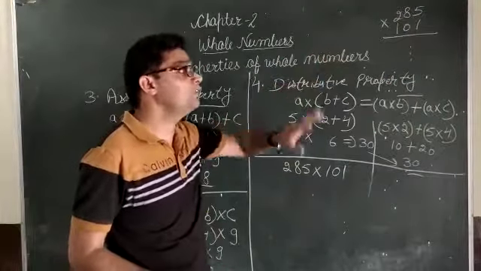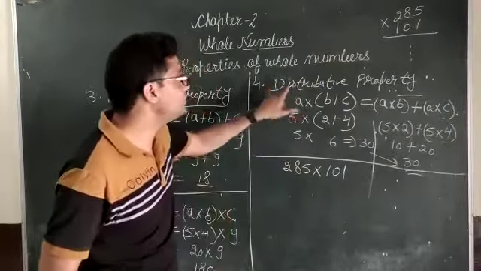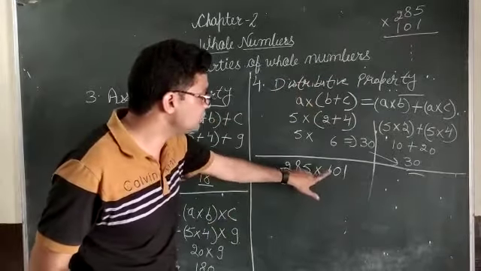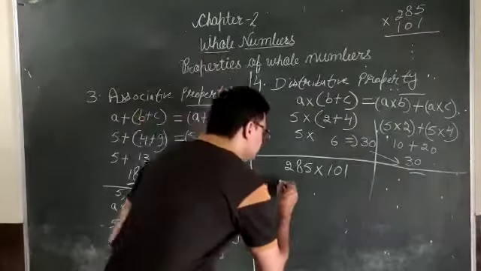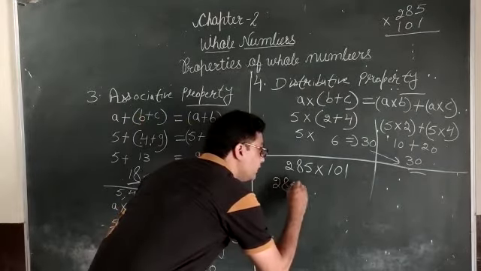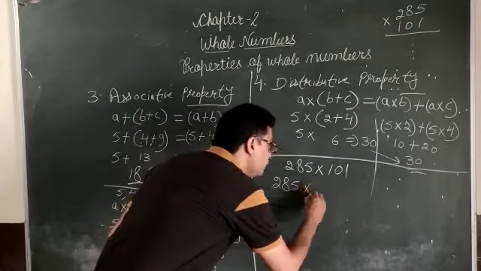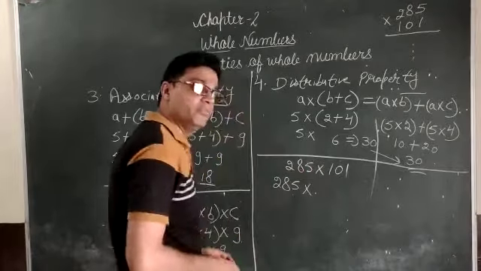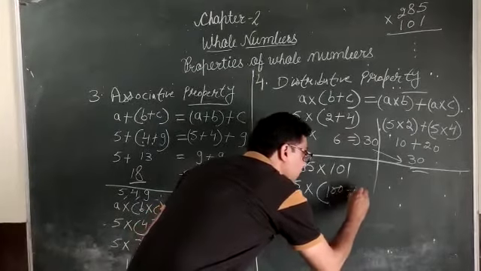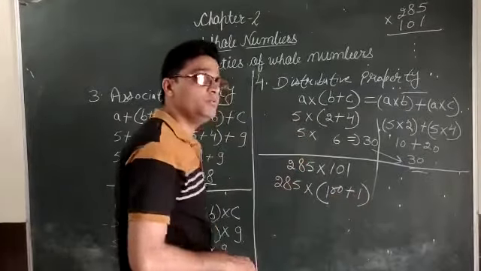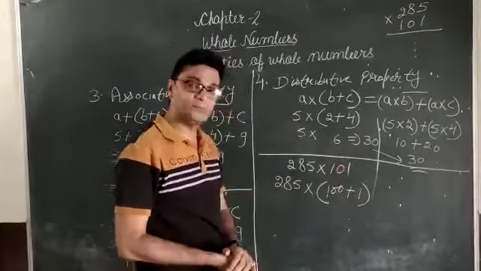So there is no need to do this much big multiplication. By the distributive property we can solve this sum very easily. How? You can see here. 285 into what is this number? 101. In the place of this, I can write here 100 plus 1, because it is the same thing.